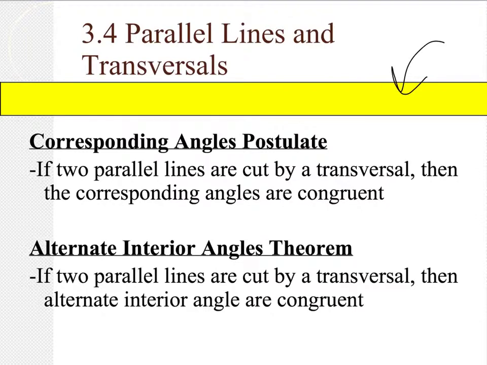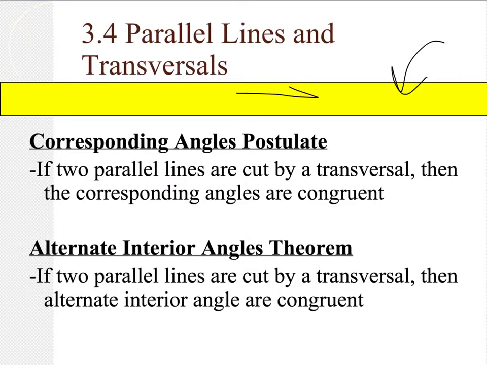It says the corresponding angles postulate. That says if two parallel lines are cut by a transversal, then the corresponding angles are congruent. So we talked about in 3.3 what corresponding angles are.